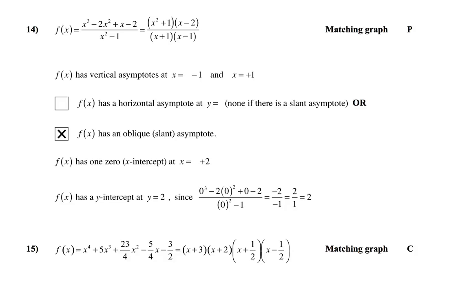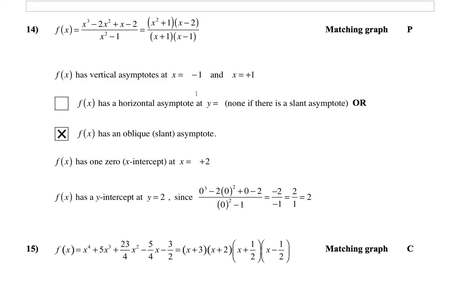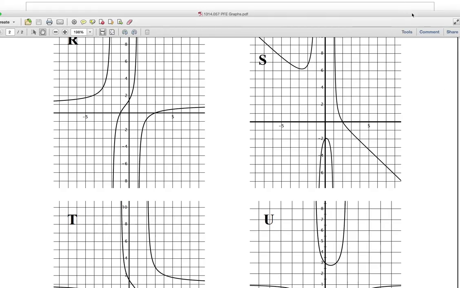So now we come to our graphs. We come to our graphs and see which one has a slant asymptote, and let's see, vertical asymptotes at -1 and +1.